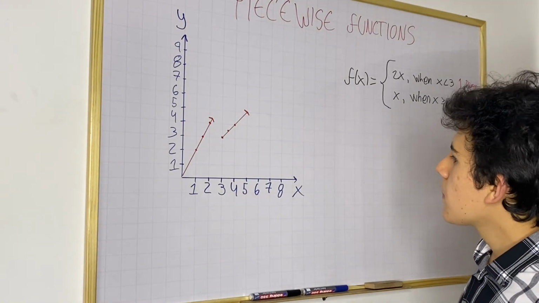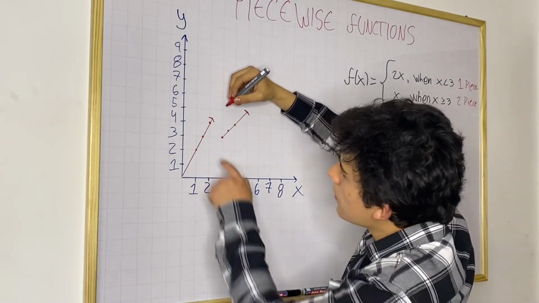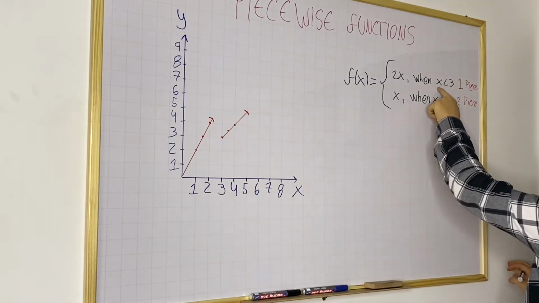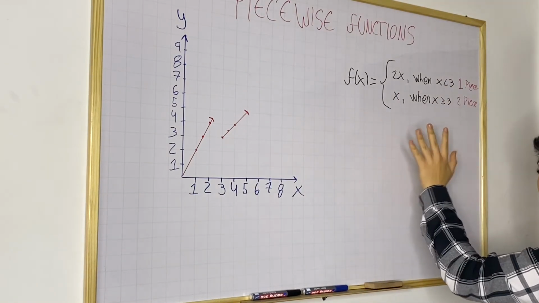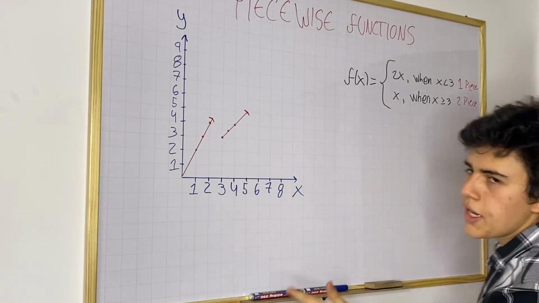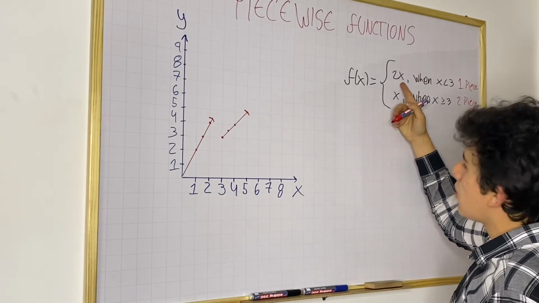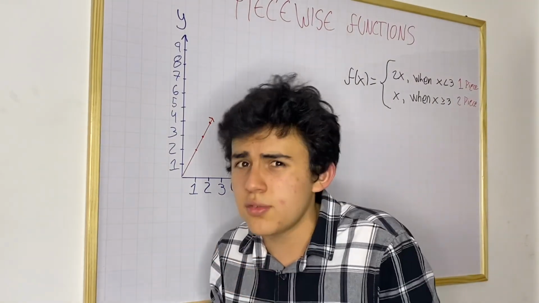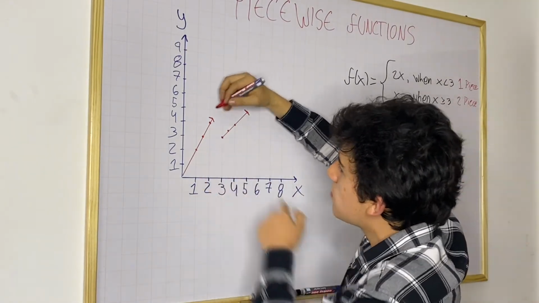Now, something I missed here. Think, what is a number that is very close to 3 but is smaller than 3? Well, 2.9 repeating. And we know 2.9 repeating times 2 is very close to 6, because it's like 3 times 2. So we know a final value for this piece.